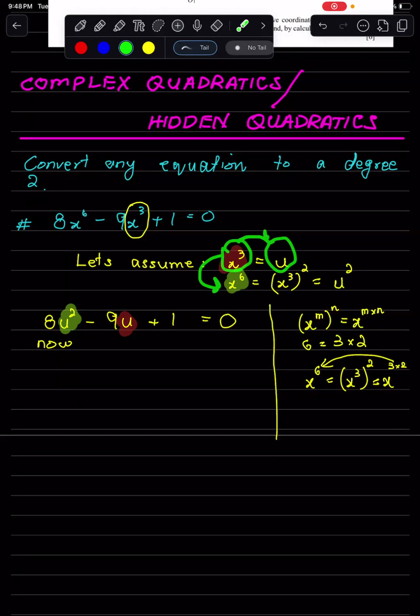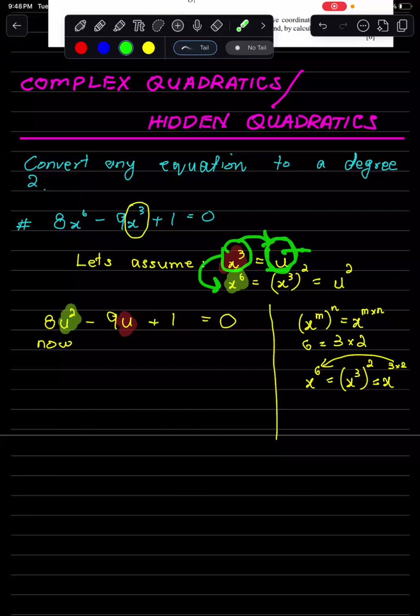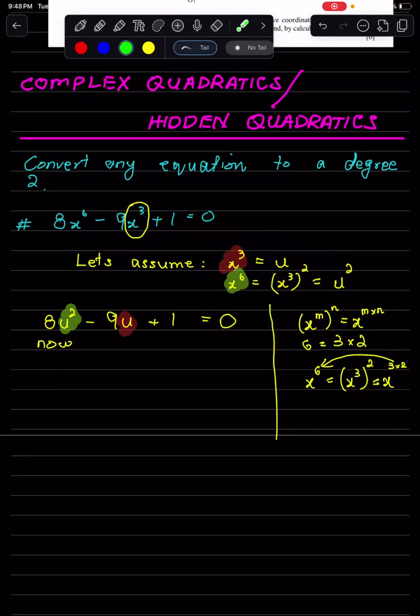So eventually you are squaring the variable you have assumed, and hence you are converting it into a quadratic. Making sense or not?